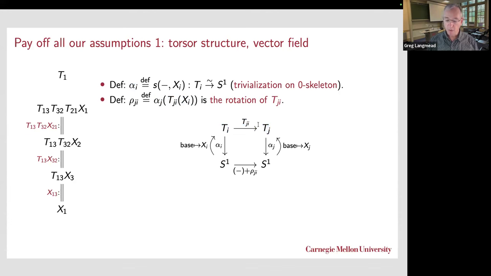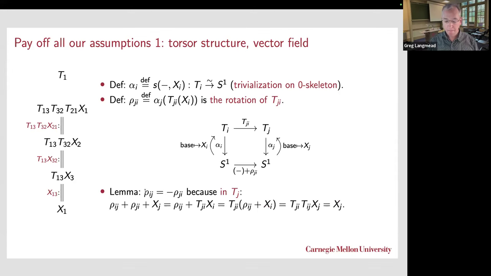And the question is, moving from this fiber to this, if we're going to make this diagram commute, what's happening in S1? And it's just some angle of rotation, and we're calling it rho_ji. So rho_ji is a group element in S1 such that this commutes. And there are maps up, by the way. You can take the base point in S1, map it to x_i, and then the loop in S1 will go all the way around the square.